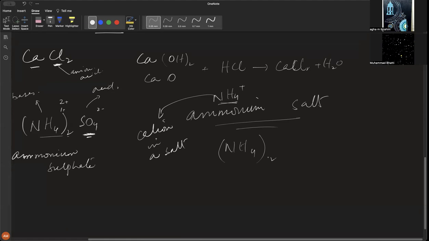And what is the source? Just now we looked at where the cations are coming from and where the anions are coming from. The ammonium ion particularly comes from ammonia, NH3, which is a base. And we know all the cations in a salt always come from a base. It's a very important lecture.